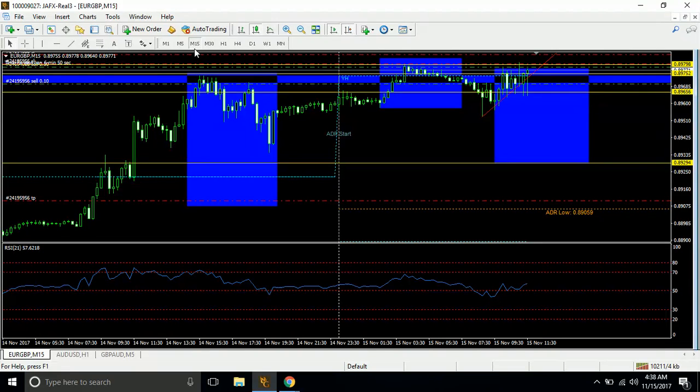Now, the next 5 to 10 minutes will tell us exactly if that news was good or bad for the euro or the pound by this high right here. If this high was not in fact a trap, we'll push higher.